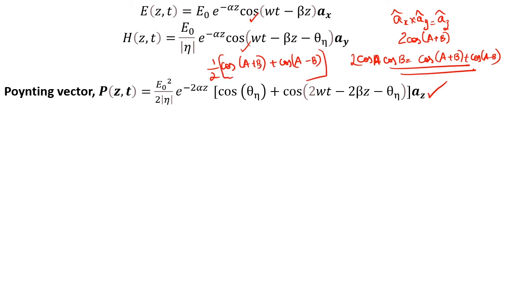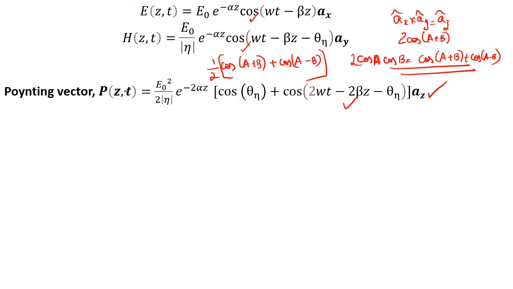On adding these two, cos 2 omega t minus 2 beta z minus theta eta is coming here. Then A minus B, you get this minus this, so it will be theta eta. So you got it like this.